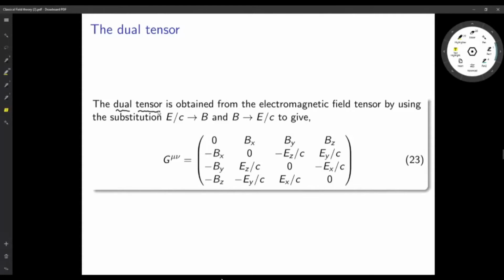E by C becomes B, and B becomes E by C to give you this equation 23, right? So the dual tensor and your Faraday tensor are essentially used to derive your Maxwell's equations, right? Instead of all your huge cross products and all of that, you just package it into one tensor, and then you can just derive it directly from this, right? Yeah, we'll go down.